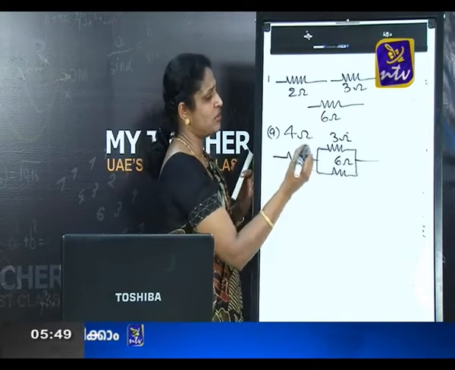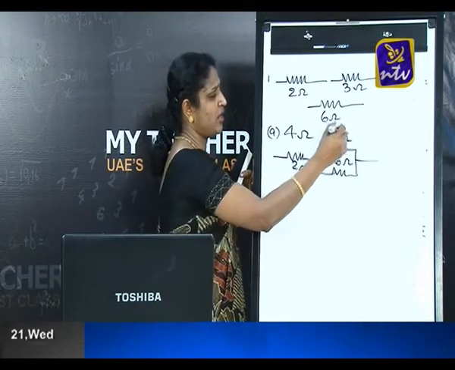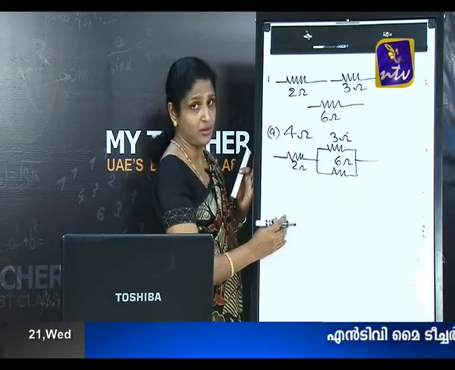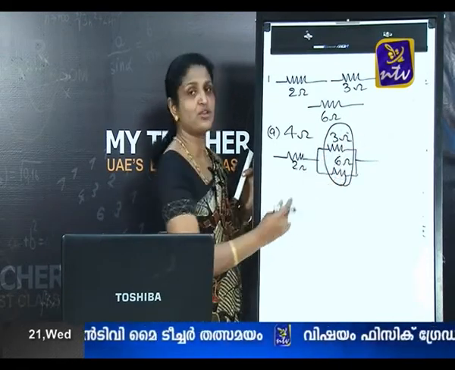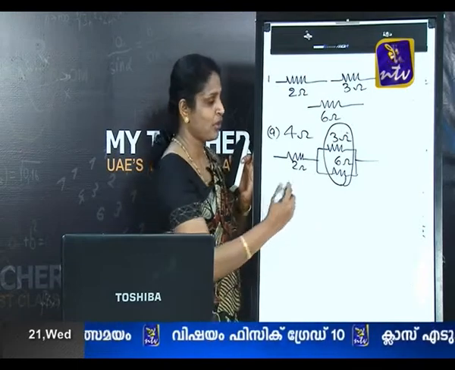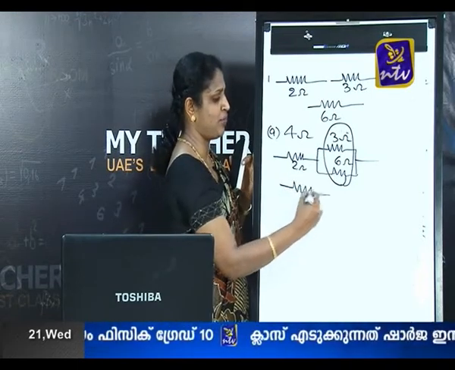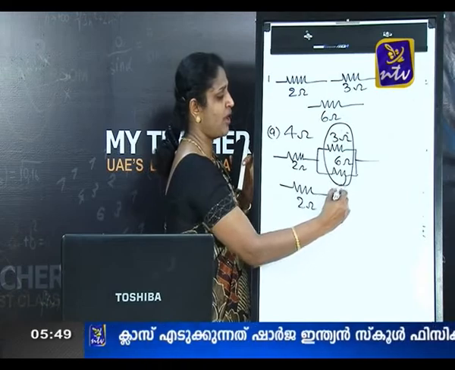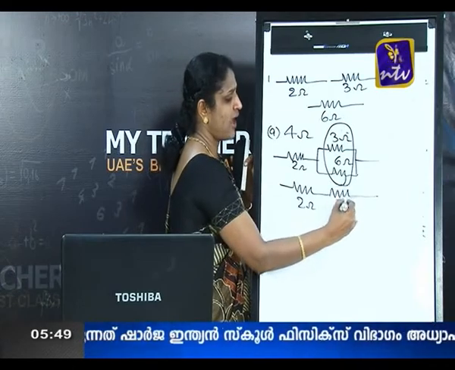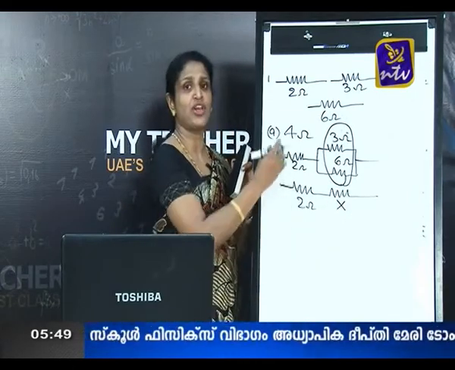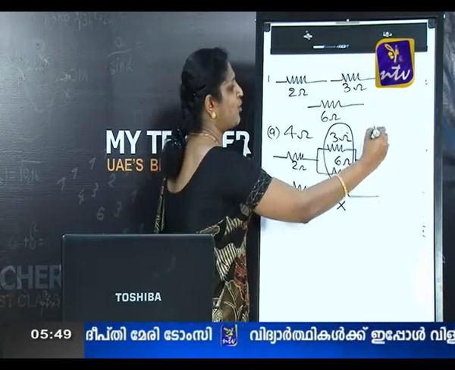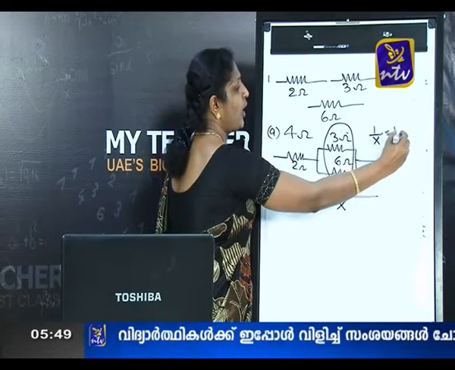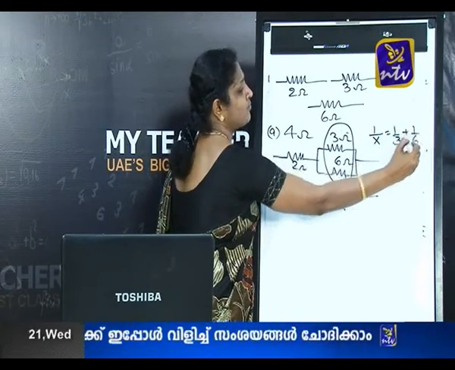Now, how the circuit is coming is 3 and 6 are now in parallel. We will find out what is the effective resistance of 6 and 3 in parallel. We can replace the same setup as a 2 ohm and another resistor as X. I am naming that effective combination of 6 and 3 as X. So, we can find out the value of this X as 1 by 3 plus 1 by 6.